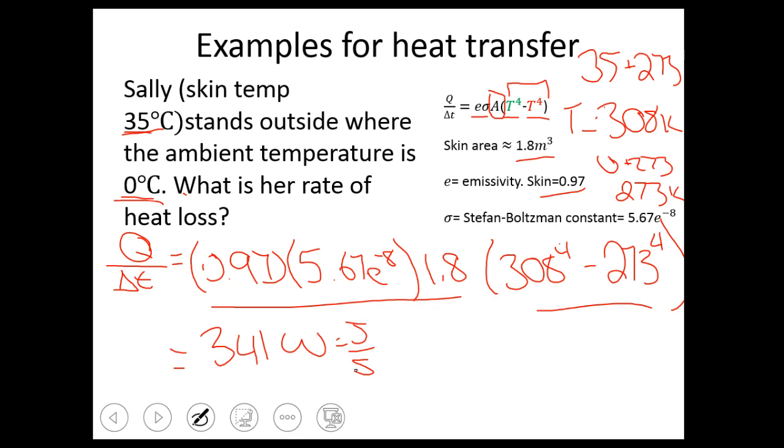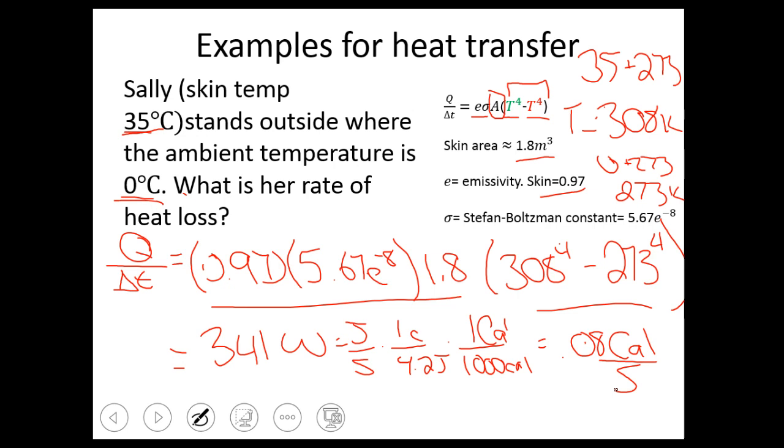And then if I want to think about that as kilocalories per second, then I can convert joules to calories. There's 4.2 joules per 1 calorie, and then there's 1,000 calories per kilocalorie, big C. And after I do that division, I find that she is burning about 0.08 big calories, kilocalories per second, which if I multiply that by 60, puts her at burning about 4 calories every minute, just from standing outside.